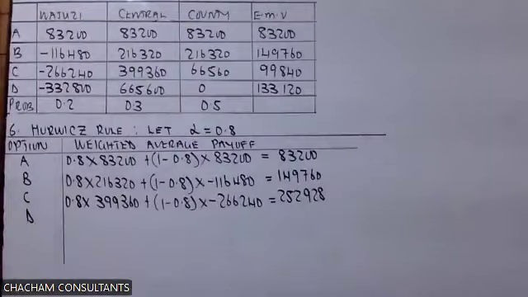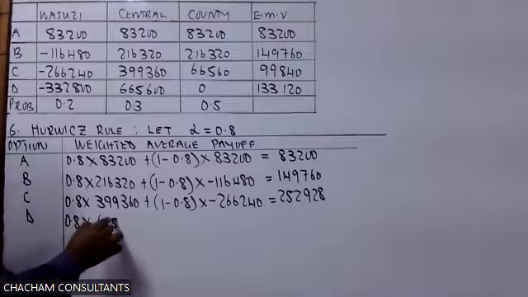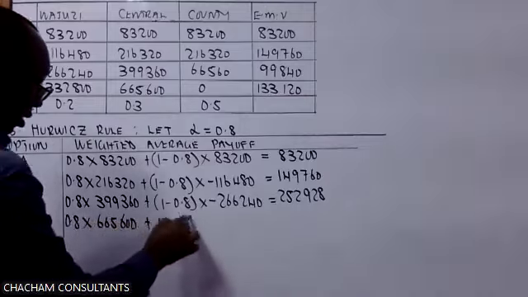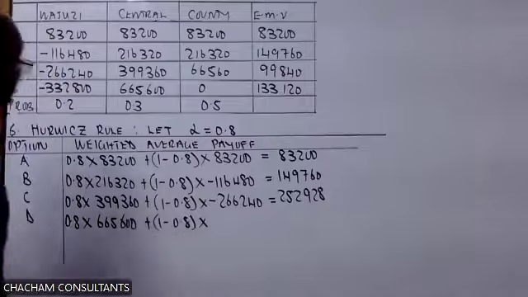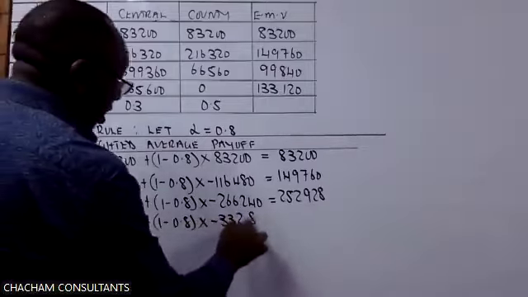Then D is 0.8 times 665,600 plus 0.2 times the worst, which is negative 332,800.